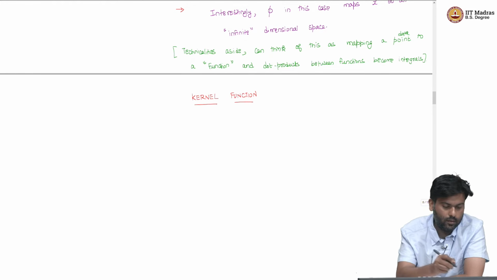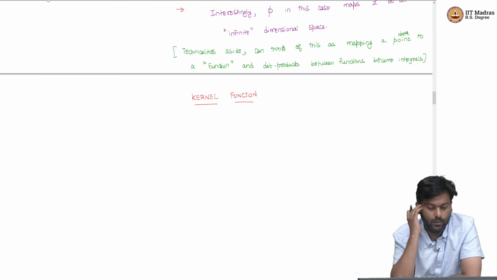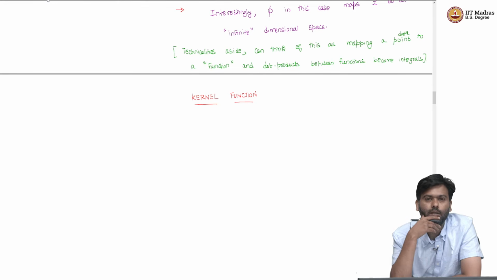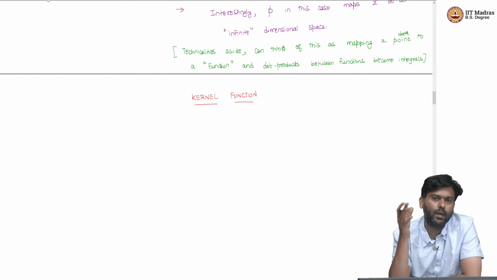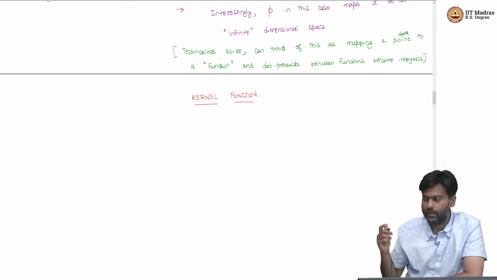Kernel has multiple meanings in mathematics, but for our purposes in machine learning, we are going to think of kernel functions as functions which are valid in the way that we described earlier. That is, they compute dot products in some higher dimensional space.